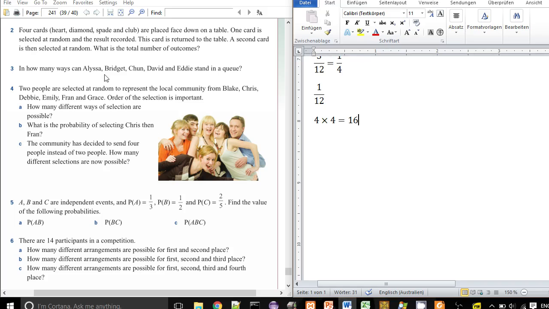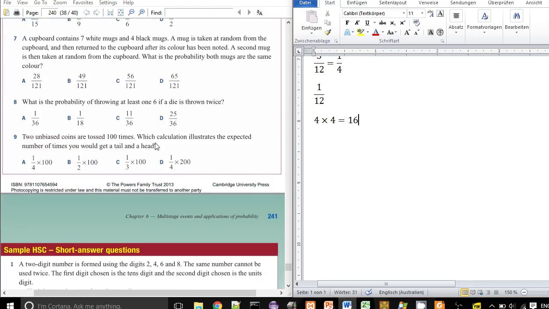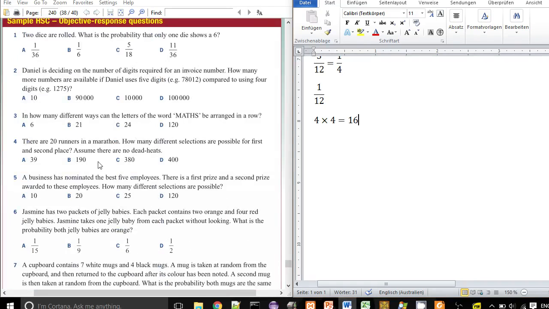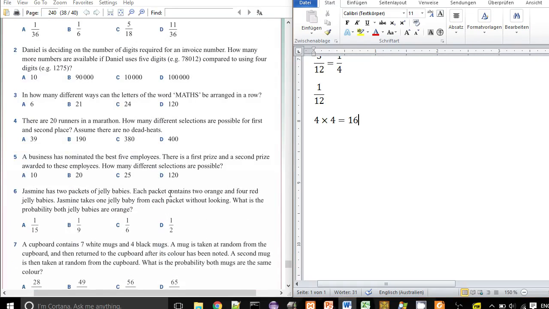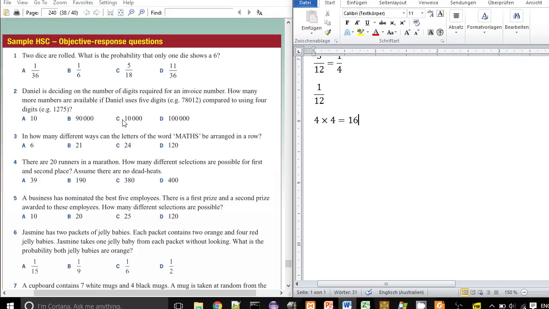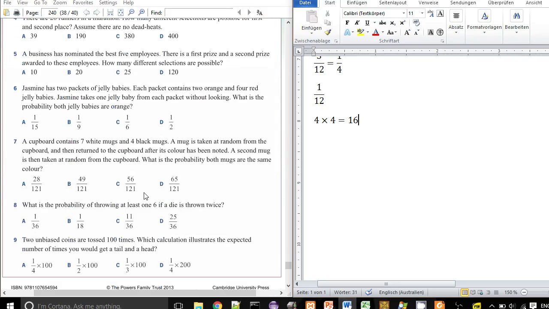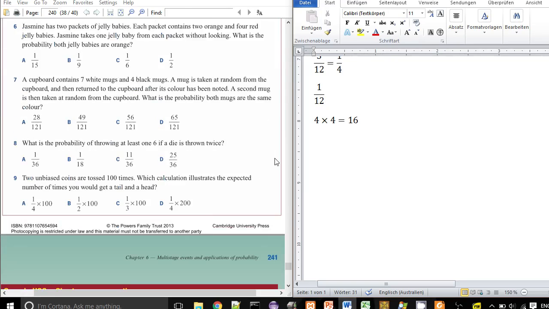This is the same as, there was another one. Where was it? Not that one. I swear the answer was 120. This one. No, that wasn't it. Did I do it wrong?